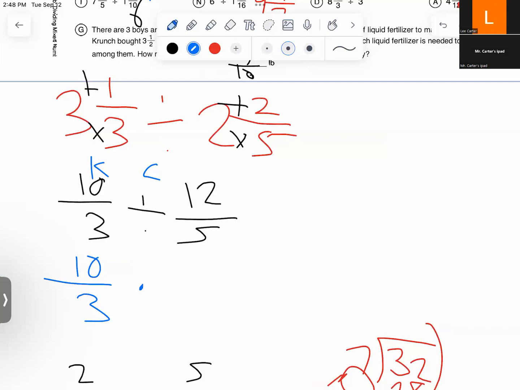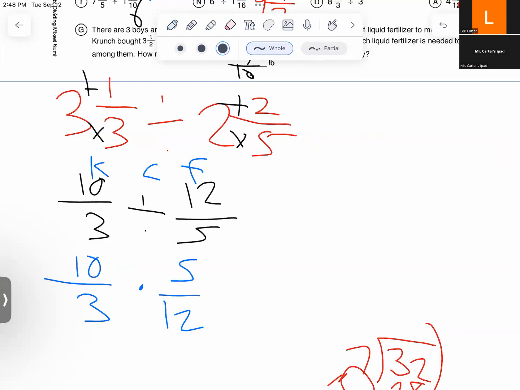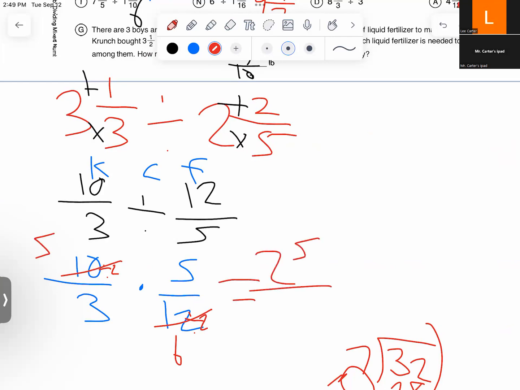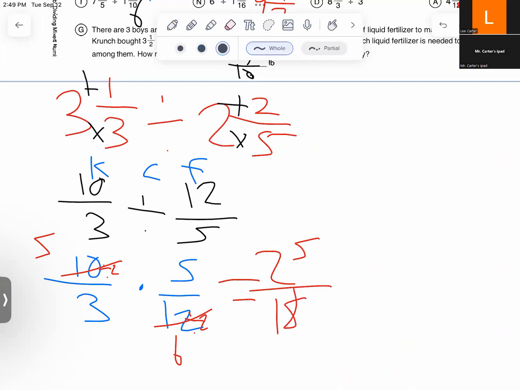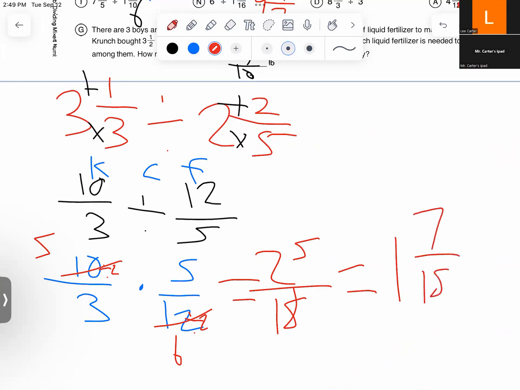Change to multiplication. Flip or take the reciprocal of the second one. So now the only ones we can do something with are the 10 and the 12. We can divide both of those by 2. That's 6, and that's a 5. So that's 25 over 18. All right, divide those in. You're going to get 1 with a remainder of 7 out of 18.